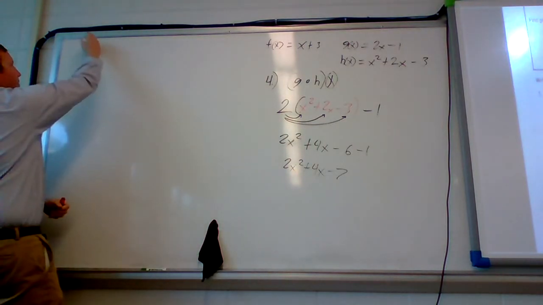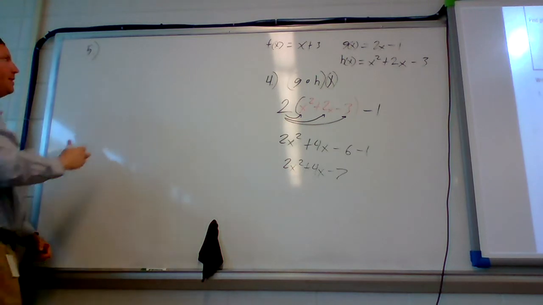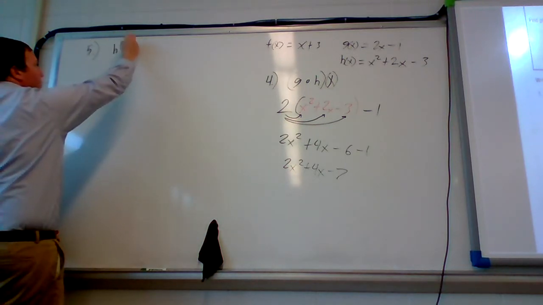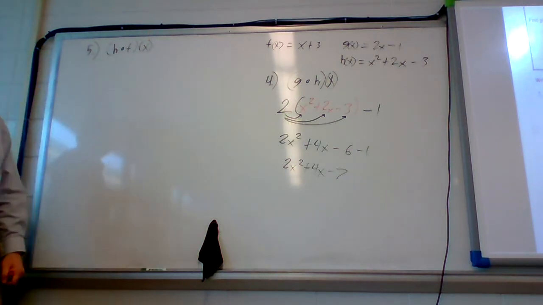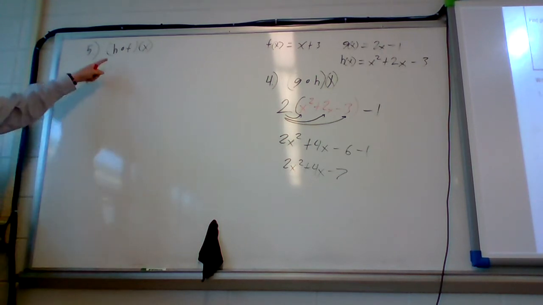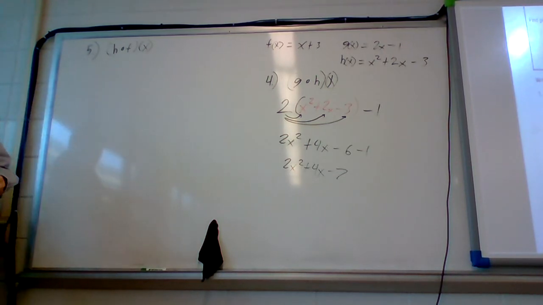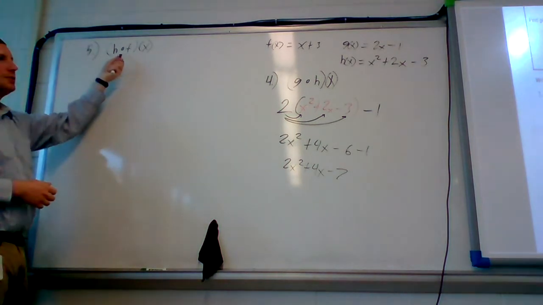Now number 5. We've got h of f of x. So what am I going to get for this one? What do I start with? X squared. So that means I'm going to square my function of f.